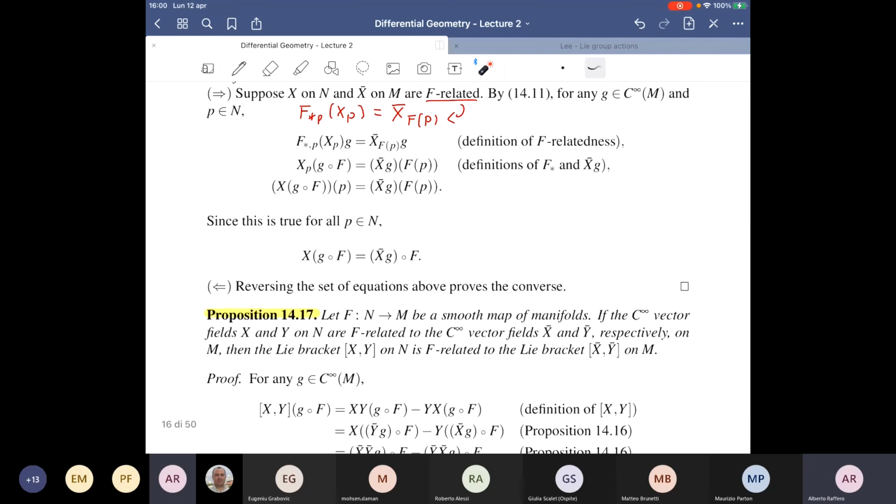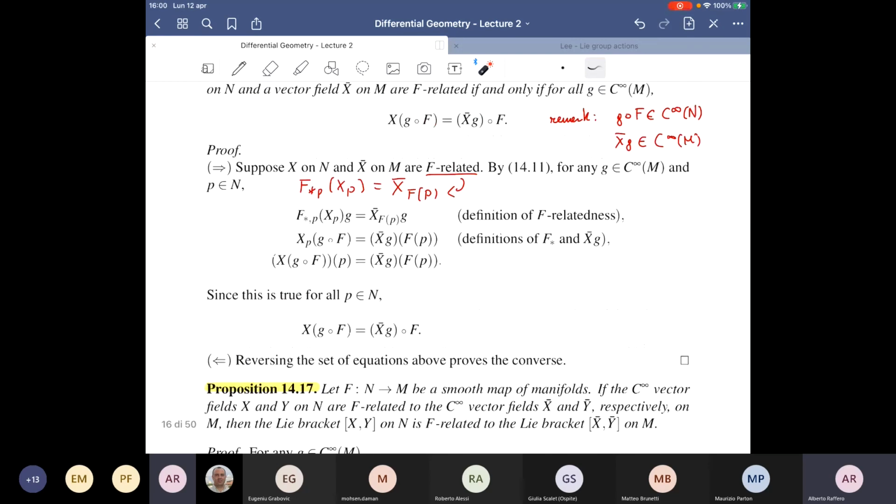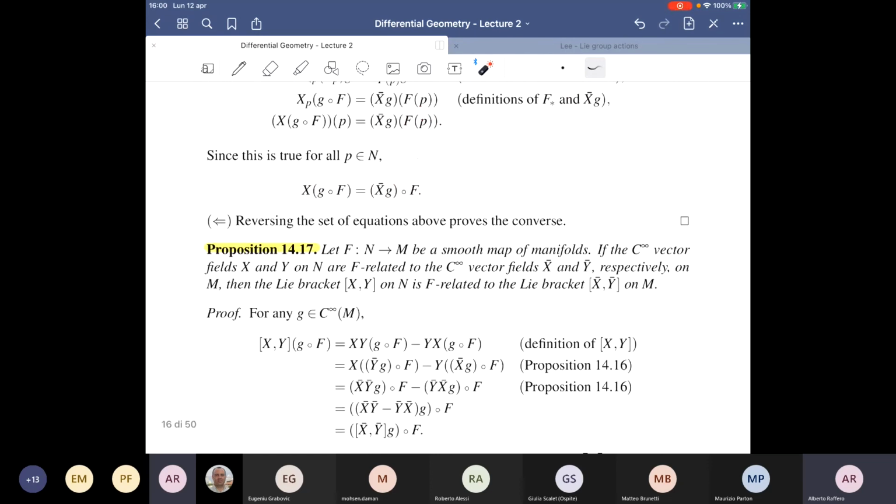Why is it useful? Because it can be used, for instance, to show that the Lie bracket is in some sense natural with respect to this condition of being F-related for vector fields.